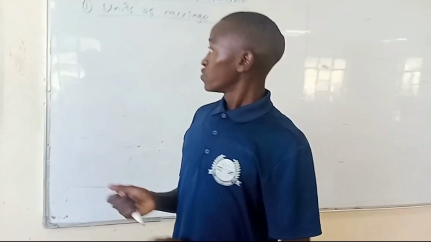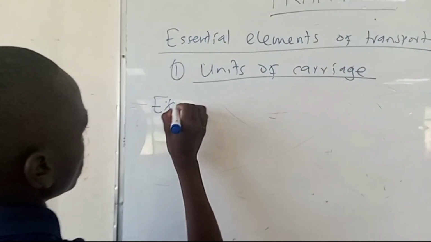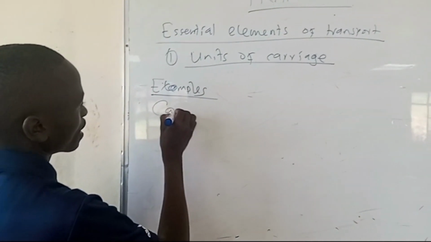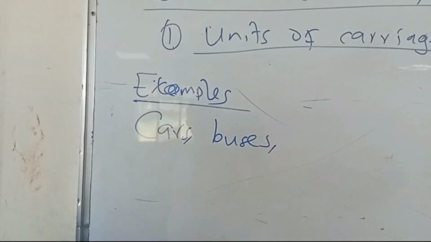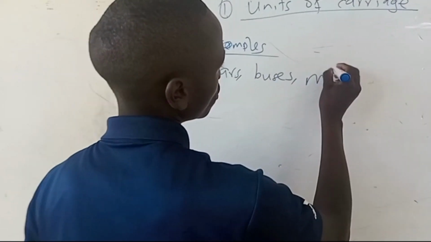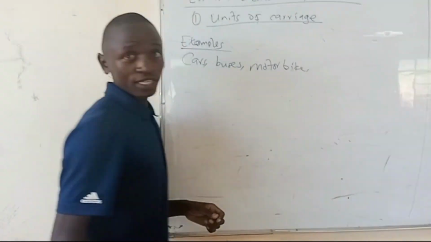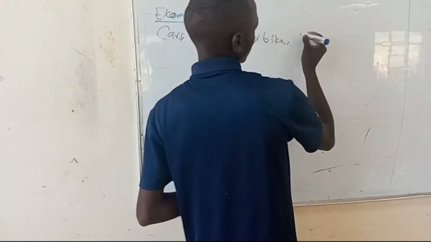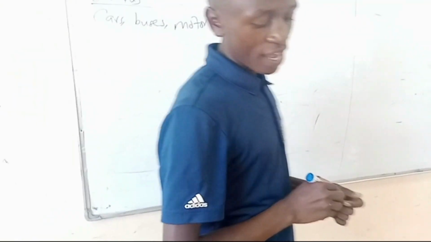Examples of units of carriage: we have cars, buses, motorbikes, boda boda, bicycles, etc. Even aeroplanes.